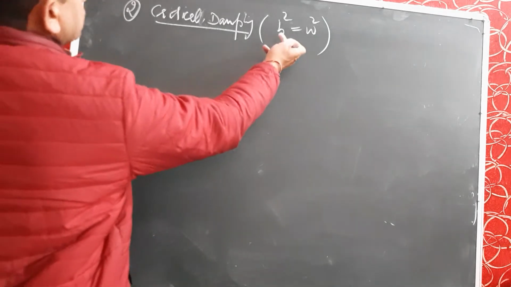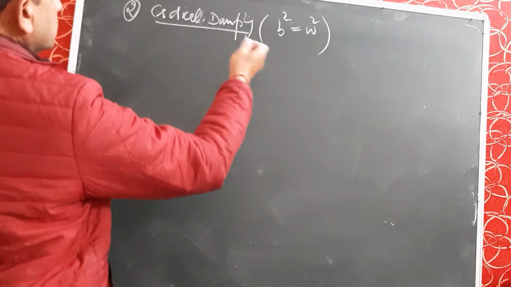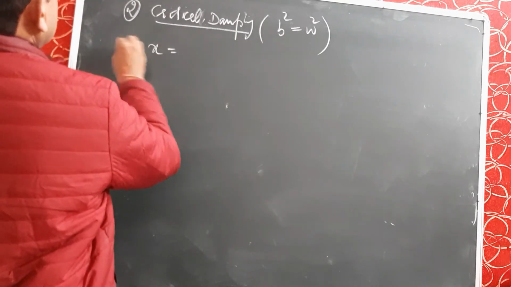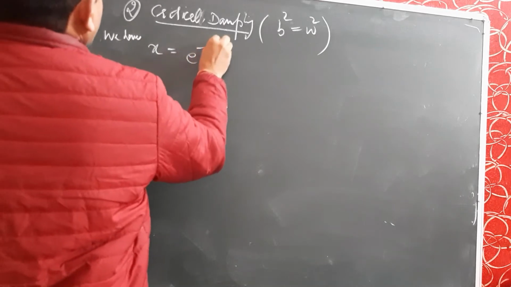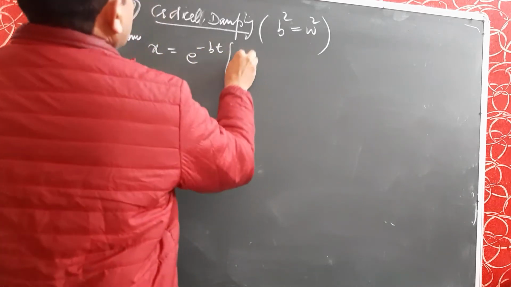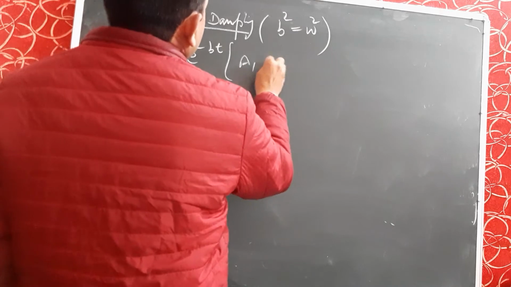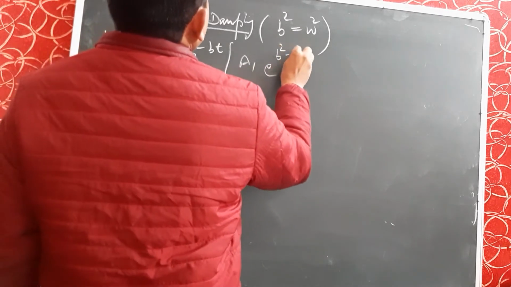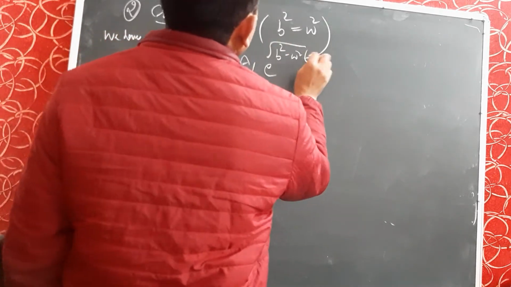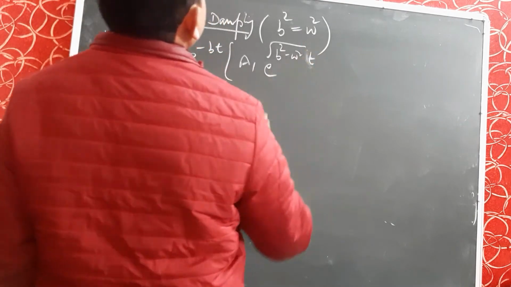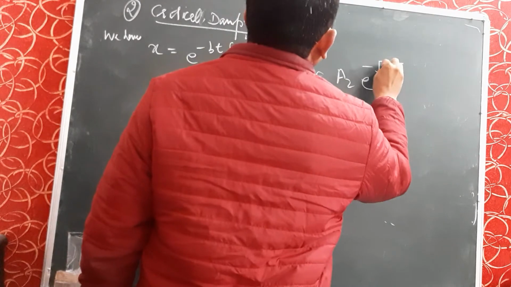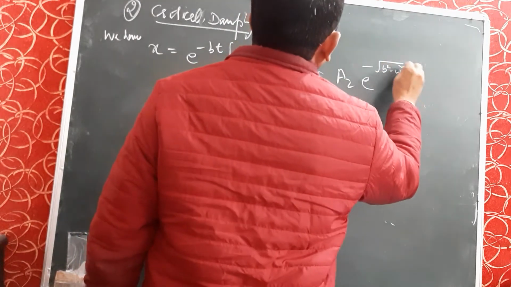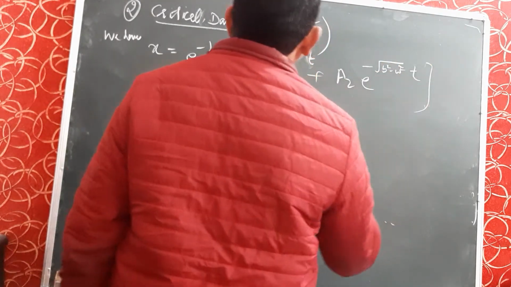So, what is this condition? We will apply this condition in the equation of x. We know x is equal to e power minus bt into a1 e power under root b square minus omega square into t, where t is outside the under root, plus a2 e power minus under root b square minus omega square into t.